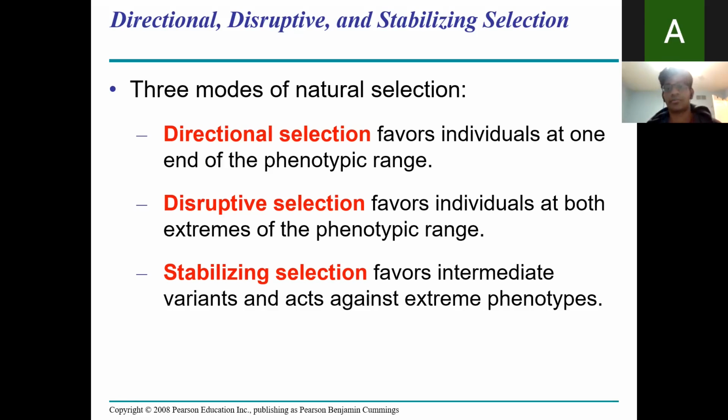So that green trait on the green leaf is better, you go towards that. Disruptive selection, you have two different traits, and both of them help you. So you end up with a split, and it favors individuals being homozygous. And stabilizing selection favors the middle. The ends are worse than having both.